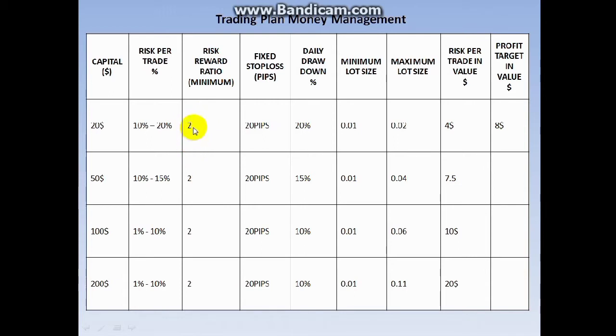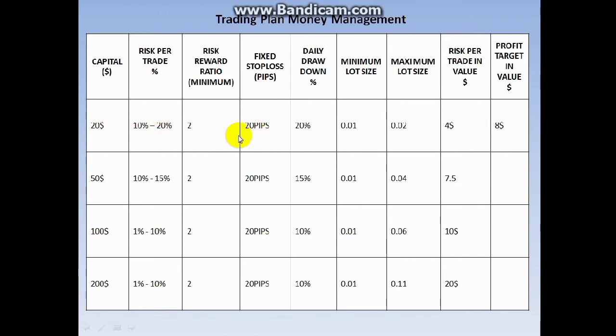All right, so now fixed stop loss. In other words, I built this trading plan money management around a fixed stop loss. Each trade you are going to place, let's assume you are using a 20 pip stop loss.